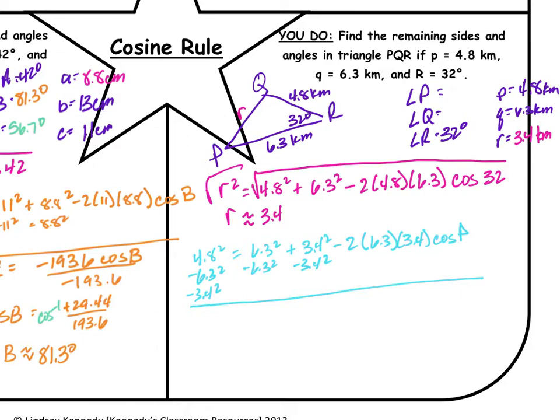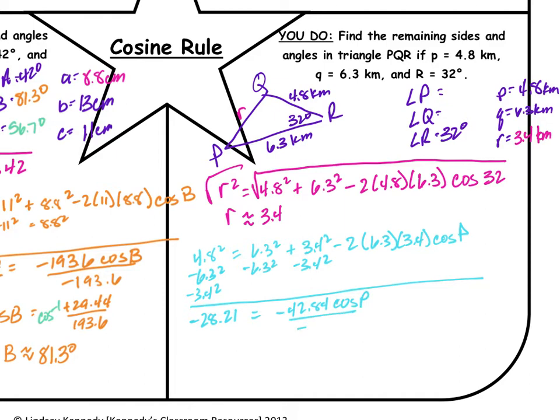And then I get 4.8 squared minus 6.3 squared minus 3.4 squared is negative 28.21, and that's going to equal 2 times 6.3 times 3.4, negative 42.84 cosine of P.